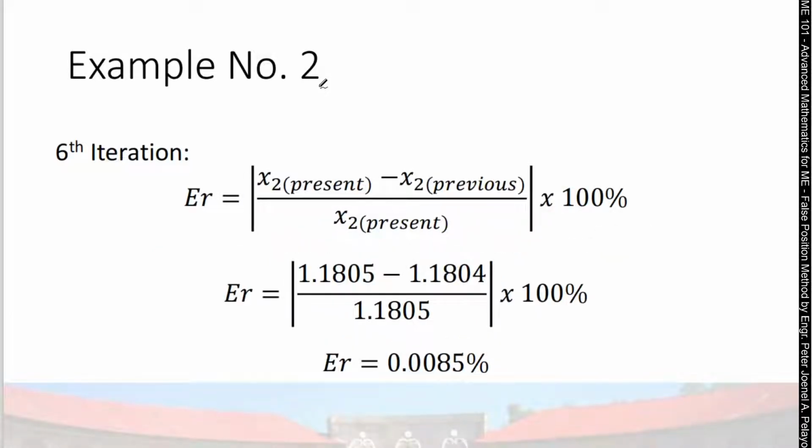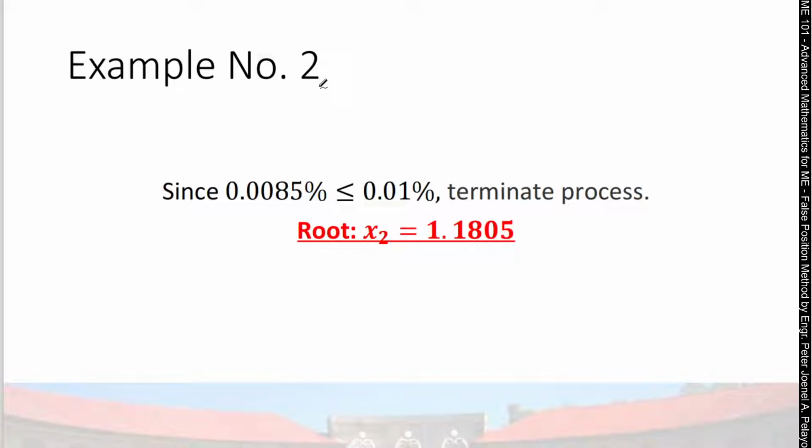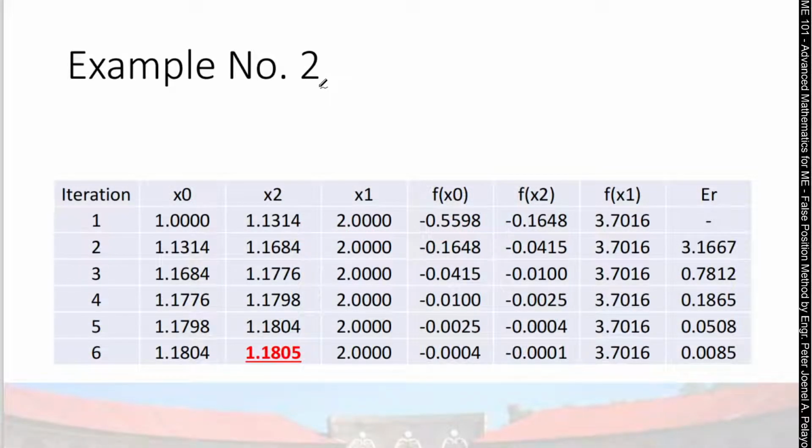Relative error is 1.1805 minus 1.1804 over 1.1805 times 100%, which is 0.0085%. Since it's now less than the 0.01% for the terminating process, our root will be x2, 1.1805. And this is the tabulated answer for example number 2. This is the root, and this is the value of f(x2), which is approximately 0 already.